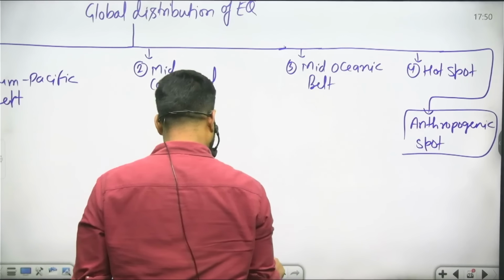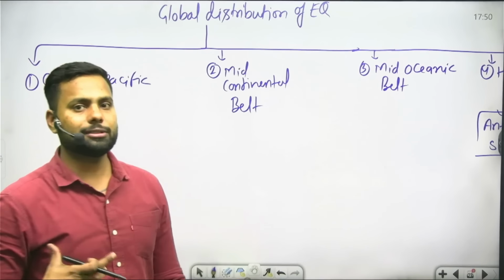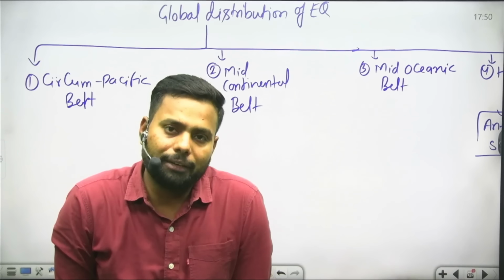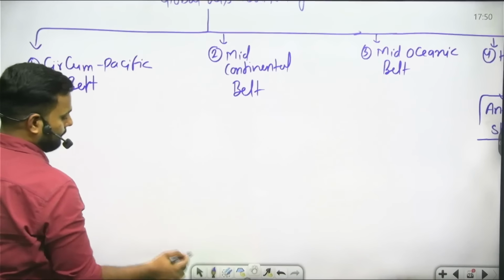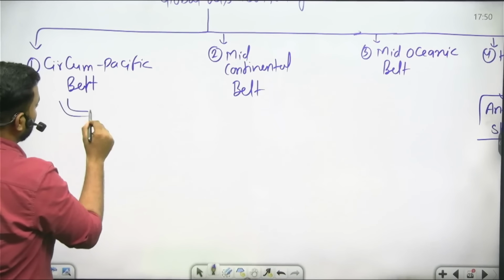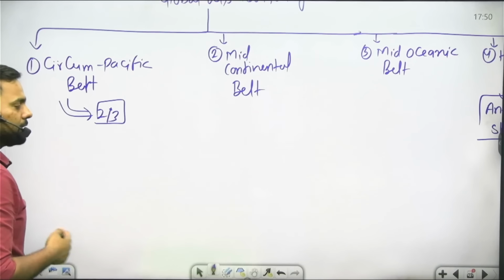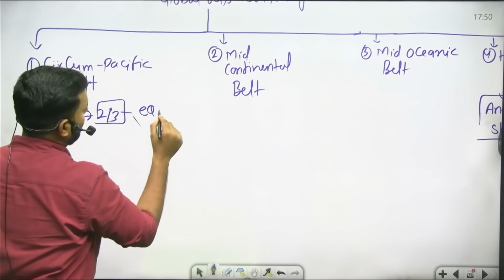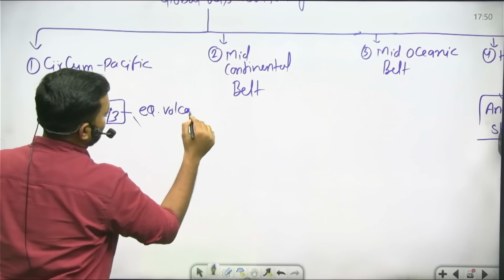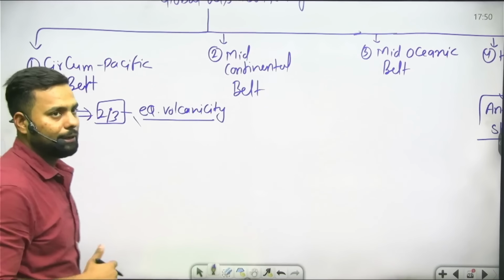ओके, now the circum-Pacific belt is the most active, 60 to 70%, two-third of the total number of the earthquake and volcanicity is happening in this belt. Why is it happening in this belt?